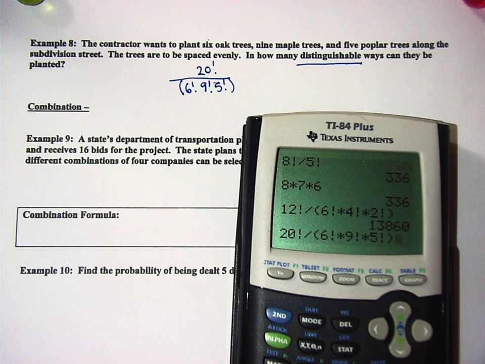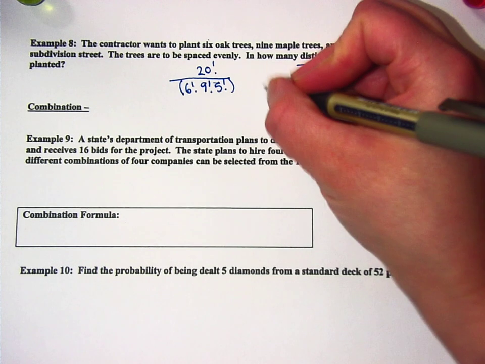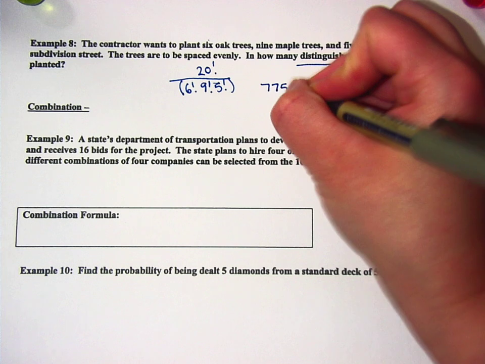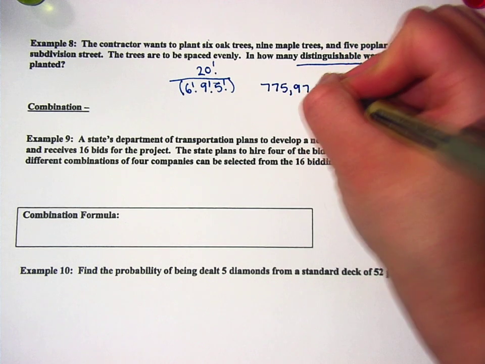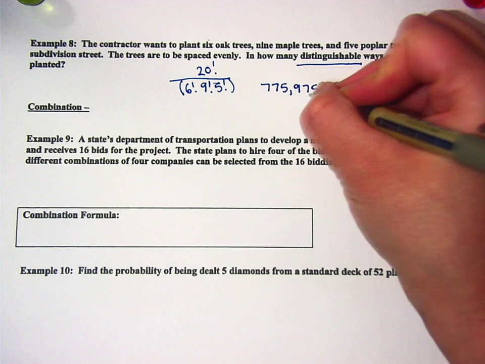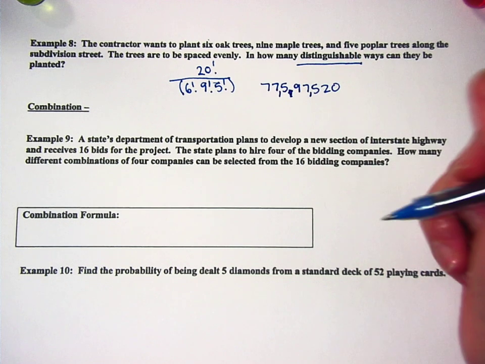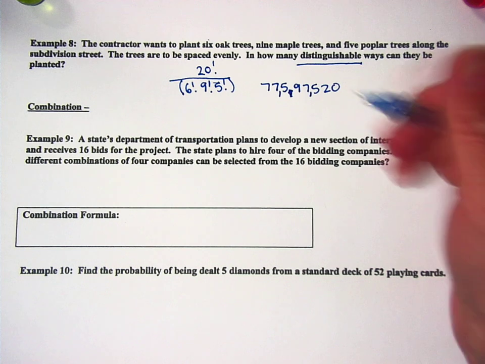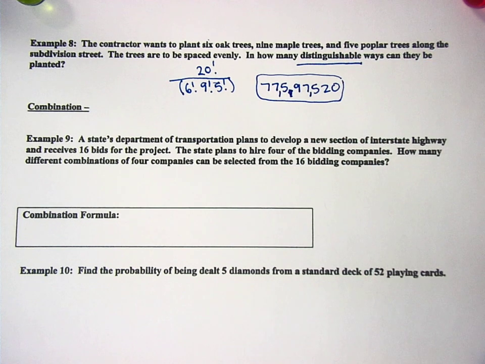Six, 9, and 5. Okay, that's a lot of ways. Glad we didn't make a factor tree for that, or a tree diagram. I put my comma in the wrong place. So 77,597,520 different ways. Yikes.